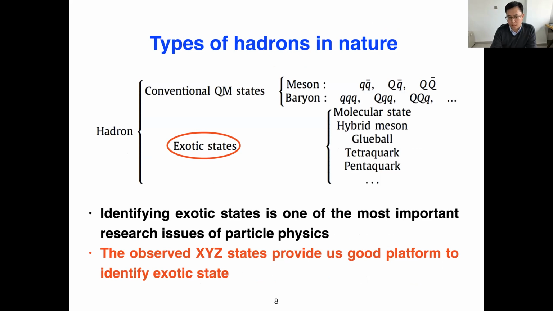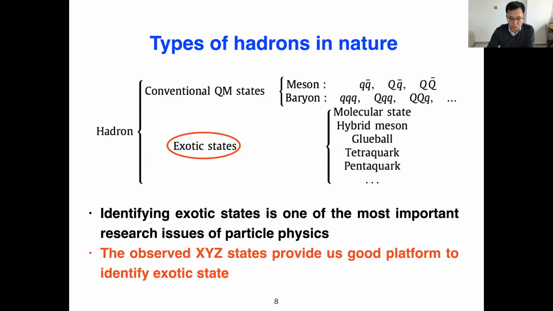We know that the hadrons include conventional states like the meson and baryon. There also exist exotic states like the molecular state, hybrid meson, glueball, tetraquark state, and pentaquark state. I think it is very important to identify the exotic states by combining these observations.